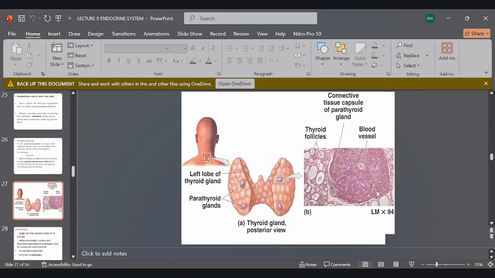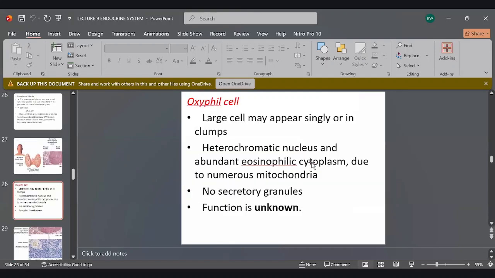So this is now the histology of the parathyroid gland. You are able to see the blood vessels here, the connective tissue capsule of the parathyroid gland, and lastly, the thyroid follicles. They are here. Now we have the cells called oxyphil cells, which are large cells that may appear singly or in clumps, with a heterochromatic nucleus and abundant eosinophilic cytoplasm due to numerous mitochondria, with no secretory granules and no known function.